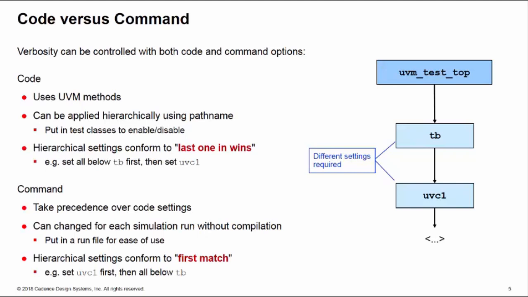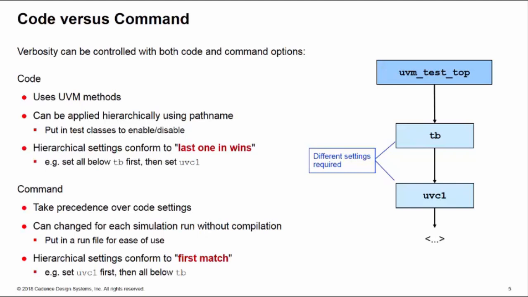But when you apply these to different parts of the hierarchy, these conform to a first match methodology. What this means is once you've set a component using a command line setting, it's locked, and further writes to the same hierarchy will not be applied.